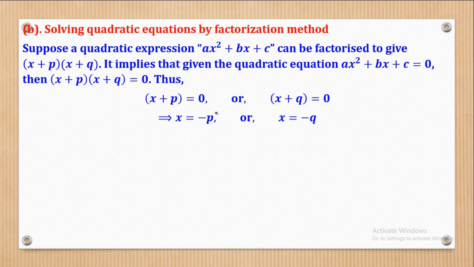Then after that step, you look for a way of making x the subject. When I make x the subject here, it will become negative p, and when I make it here, it will become -2. So basically that is how we solve quadratic equations using the factorization method. The first thing is to factorize, then you split the two factors.